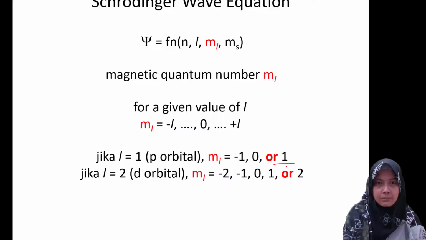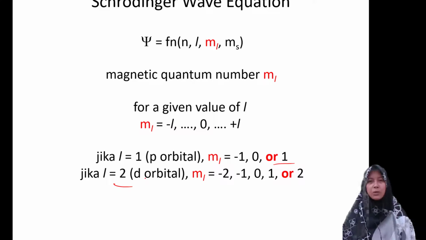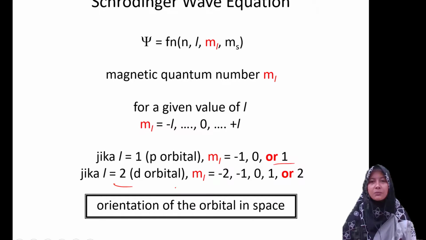And for L equal to 2, the possible values are minus 2, minus 1, 0, plus 1, and plus 2. It means that in the d orbital, we may have 5 rooms.